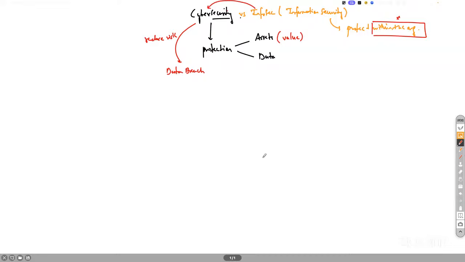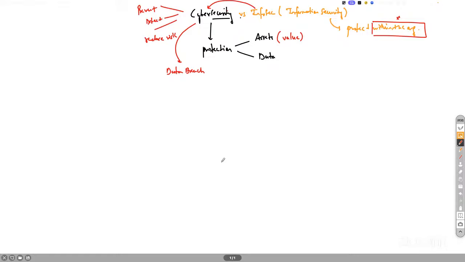So cybersecurity is the process or the framework of protecting information by doing three things. First is being proactive: prevent. Next is detect.